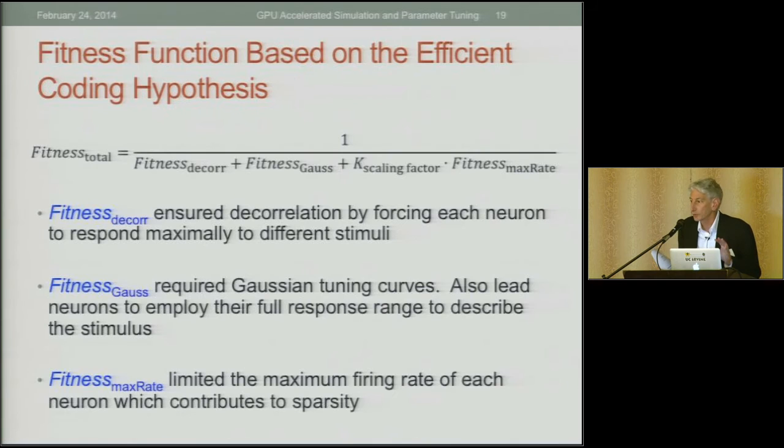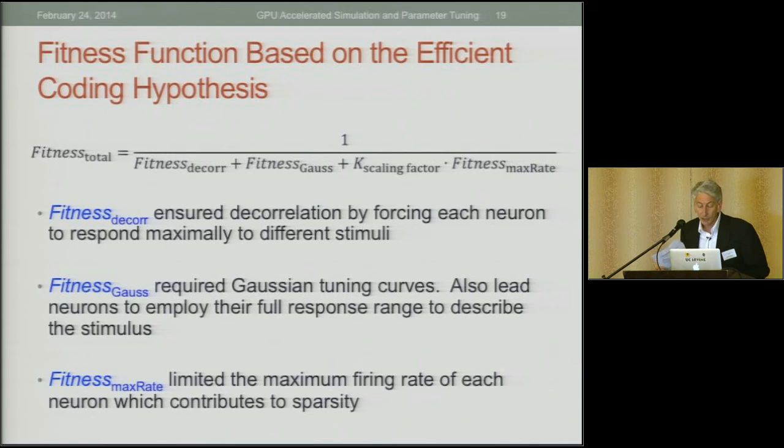And I don't really need to go into this, except that we can redo this efficient coding hypothesis in a fitness function that you could use in an evolutionary algorithm. And we think that you can apply this not just to the example I'm going to show you, but to many examples.